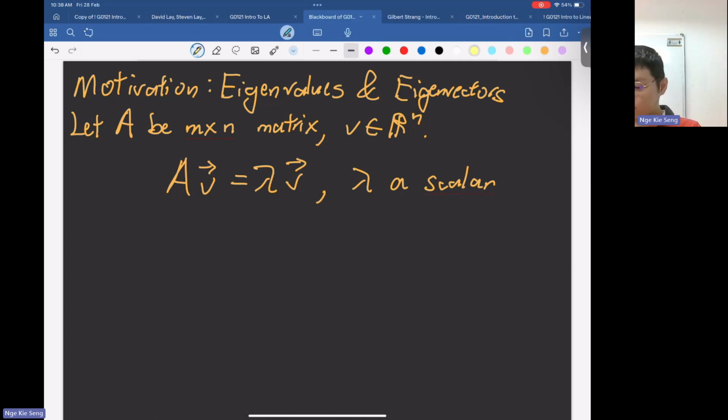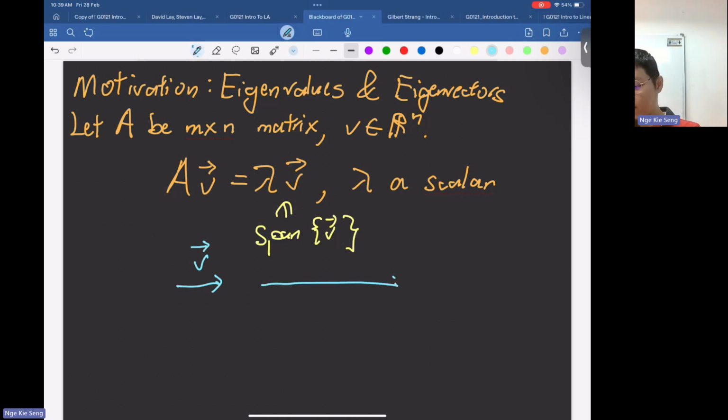So what's this about? Like I mentioned to you, lambda v lives in where? The span of v, right? Yes, a scalar multiple of v. Meaning, you take a vector v, you send it to a scalar multiple of v. Either you make it long or you make it short.